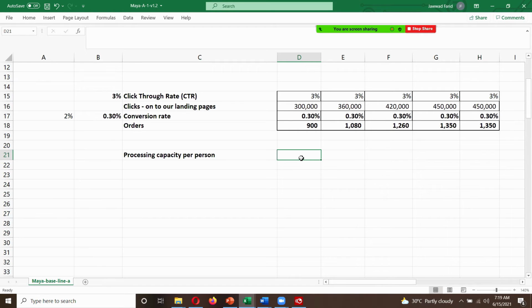So let's say that one resource takes about 10 minutes to process an order, and think about the steps, the sequence involved in shipping an order.